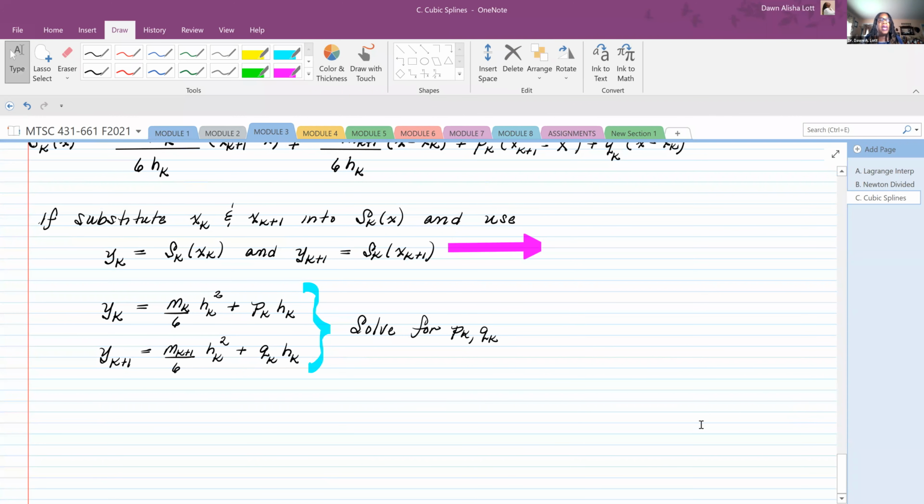And so we were saying now you can go back into those equations and substitute xk and xk plus 1 into the equations, and we know what we're supposed to get. So if we put in xk, we're supposed to get yk. And when you do sk of xk plus 1, you're supposed to get yk plus 1.